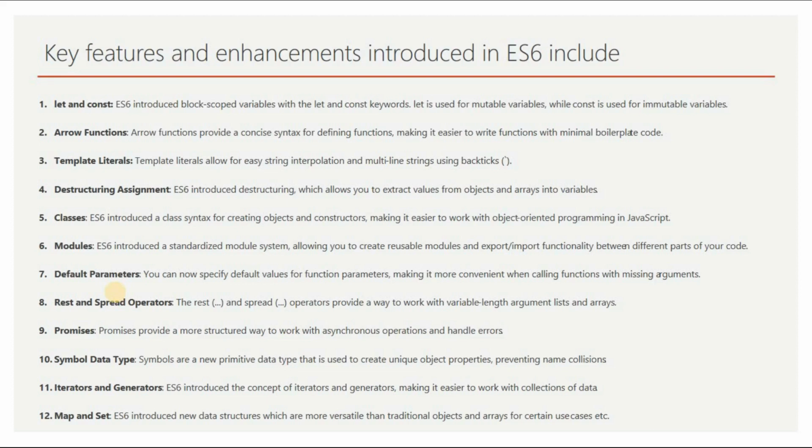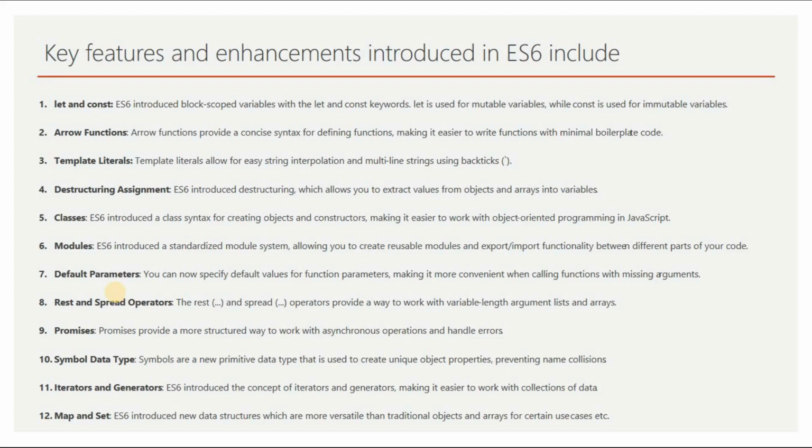So we will explain all those things in detail with examples and coding. So next we have promises. Promises are very useful. They provide a more structured way to work with asynchronous operations and handle errors. We have the symbol data type. Symbols are a new primitive data type used to create unique object properties.